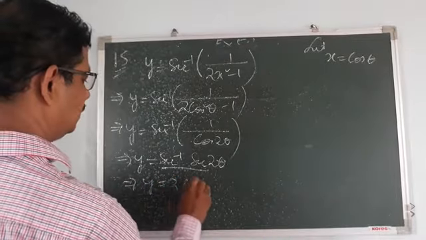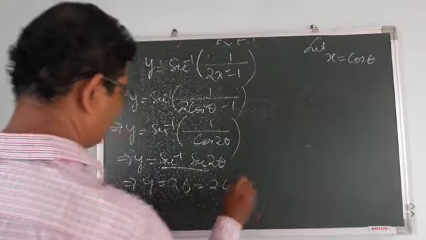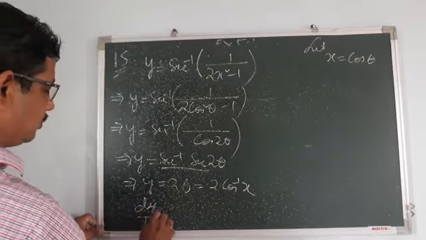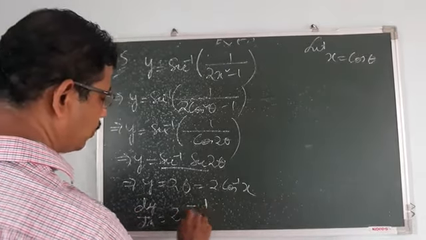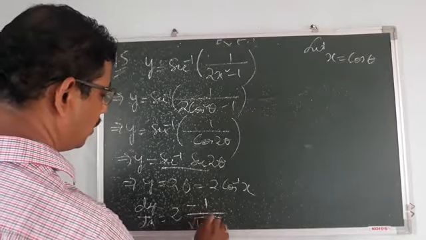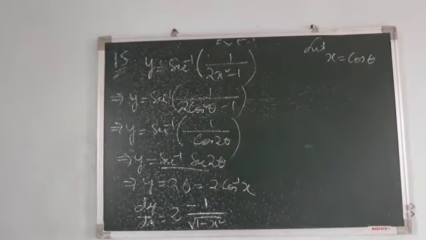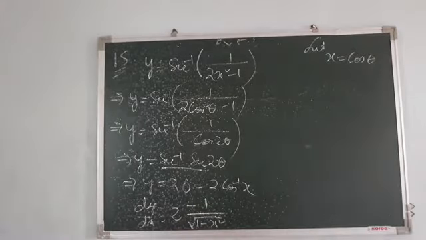Twice theta. That means 2 cos inverse x. Now if we differentiate with respect to x, it will be 2 into minus 1 by root over 1 minus x square. Differentiation of cos inverse x is this formula. So it is the dy dx.